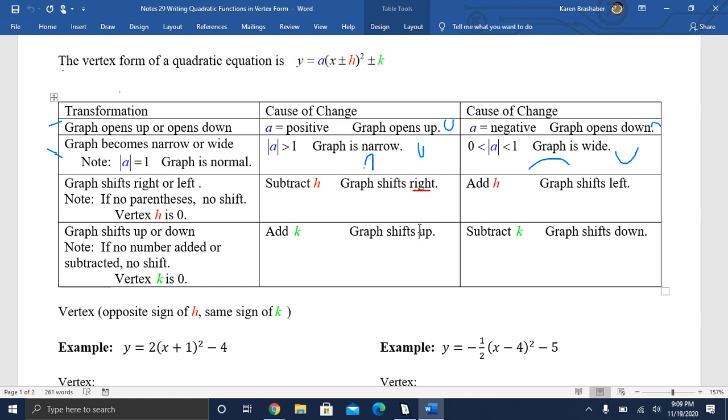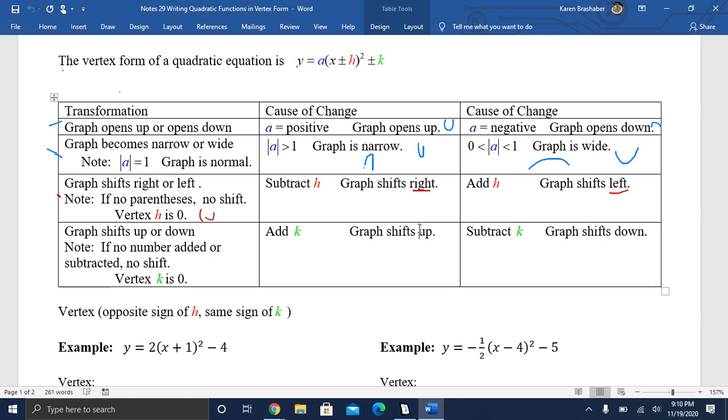If you add h, the parabola shifts to the left. That's kind of opposite of what you think should happen. And I might just add, this will be important for today, that if there are no parentheses, then there's no shift. And so the graph would just sit right at 0 on the x-axis.